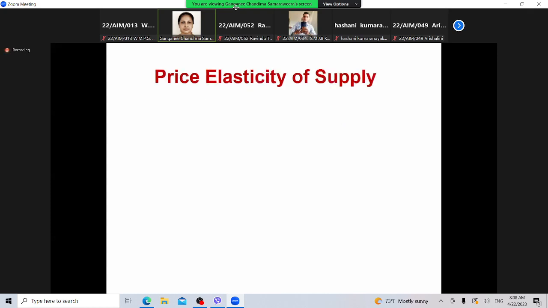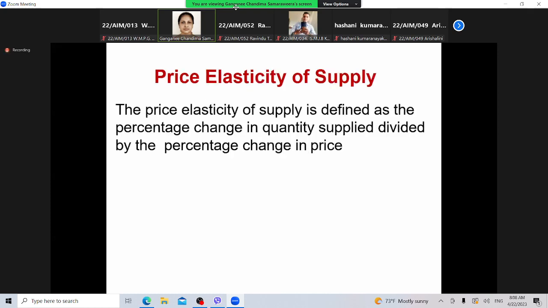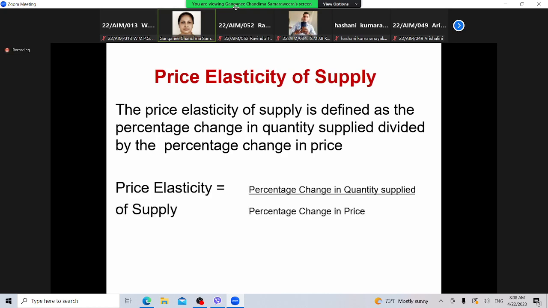Okay, then briefly we discussed price elasticity of supply as well: percentage change in quantity supplied over percentage change in price. See, if you know the basics, you can just turn this in any way based on the question asked. Let's say it is asking price elasticity of supply. You can write percentage change in quantity supplied, because some students make mistakes.